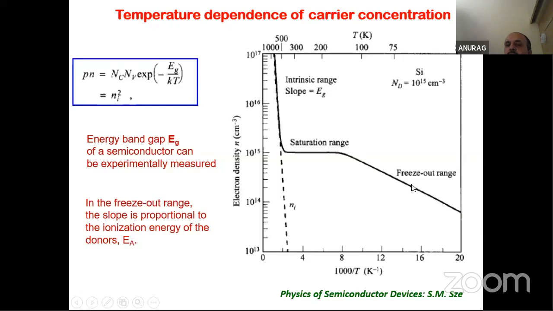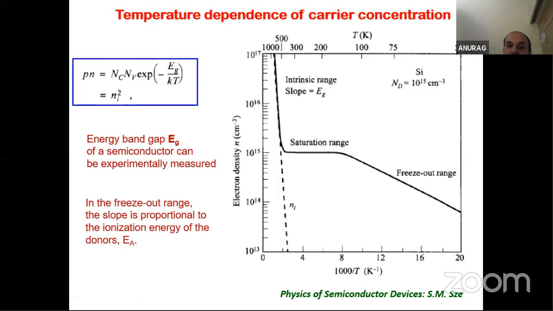In this slope, the carriers given by the donors are first frozen, captured by the donors, but as the temperature is increasing, going towards the left, more and more electrons are being donated by the donors, and your carrier concentration increases. Eventually all the donors have been ionized, or they have given their electron to the conduction band. So if I fit this freeze-out range, its slope gives me the ionization energy of the donors.